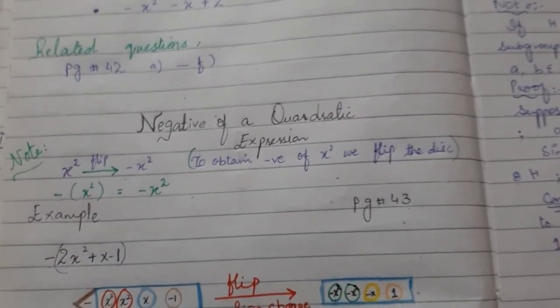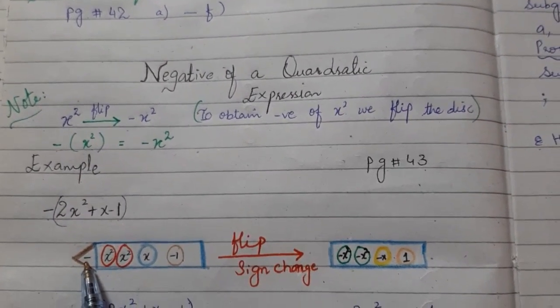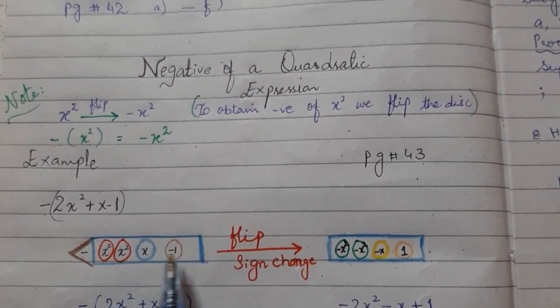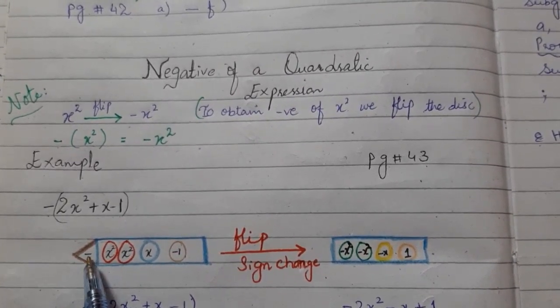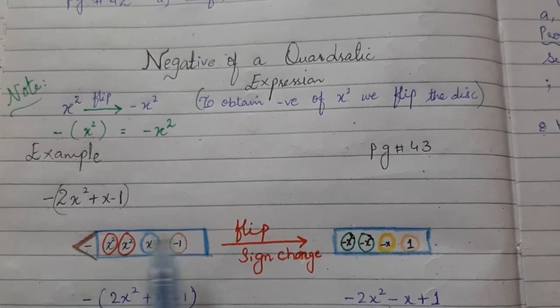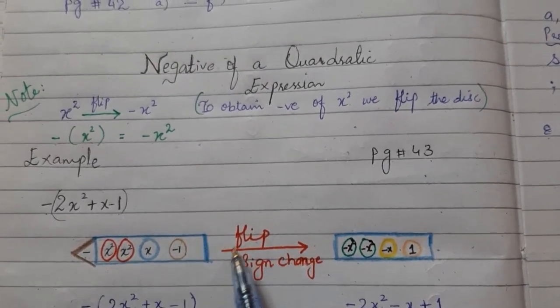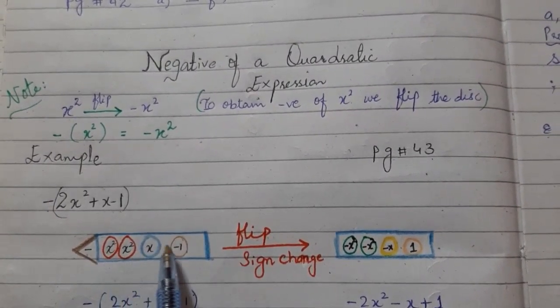So how we are going to write it in the disk form, like in this way? This negative sign shows that all the disk has how many? Here the sign is negative. So if negative sign is here, it means we have to flip it. When we are going to flip it, it means that signs are going to be changed.